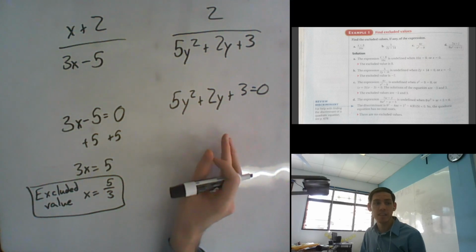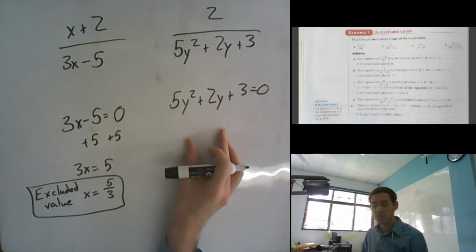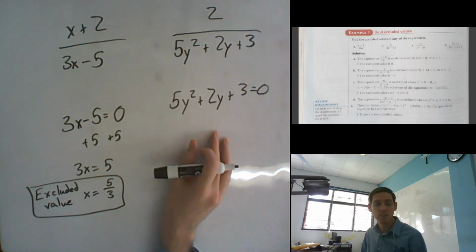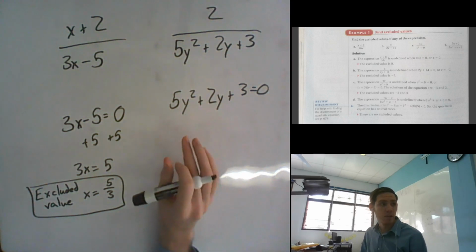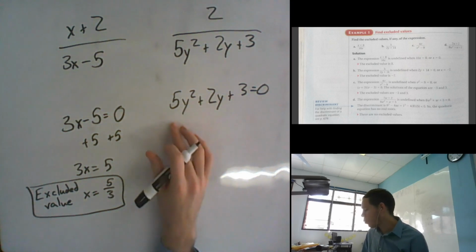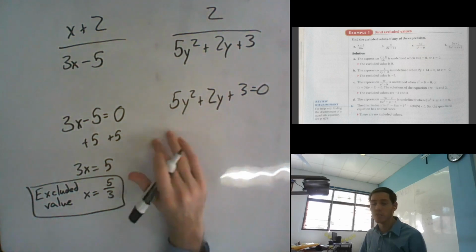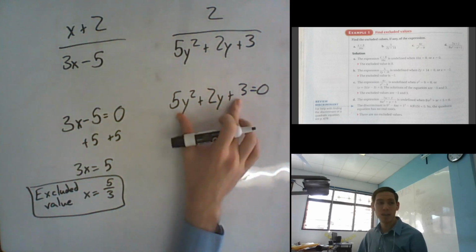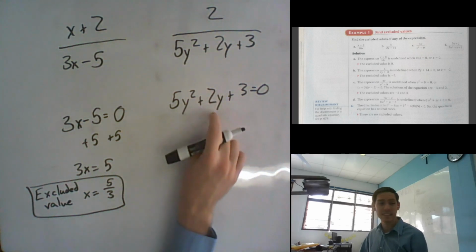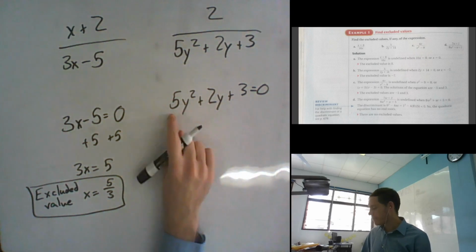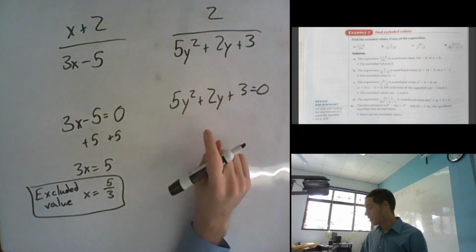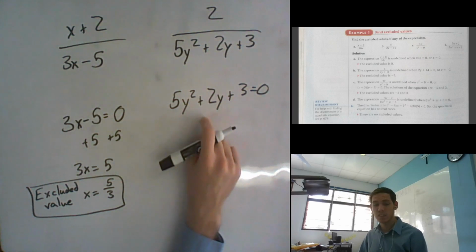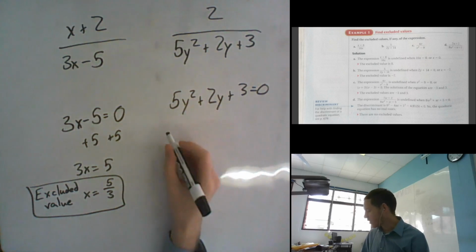So if you can find an excluded value, then you don't need to use the discriminant. But in this situation, we have all positives. If you have all positives, and this number multiplied to be something that can't add into this middle, right? 5 times 3 is 15. That will never add up to be 2. So then we check, okay?